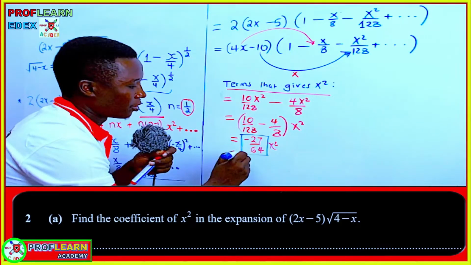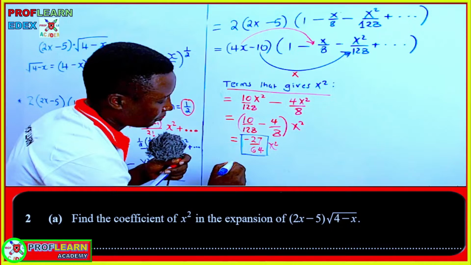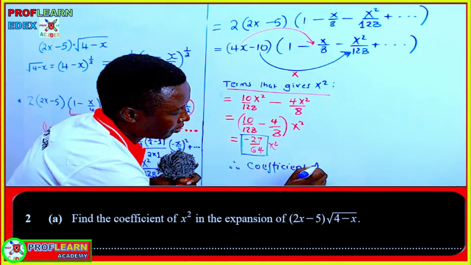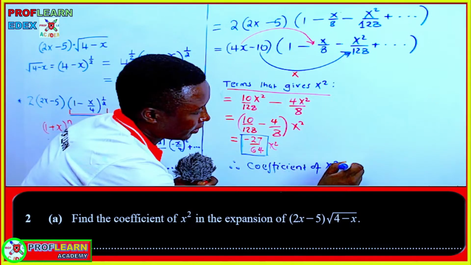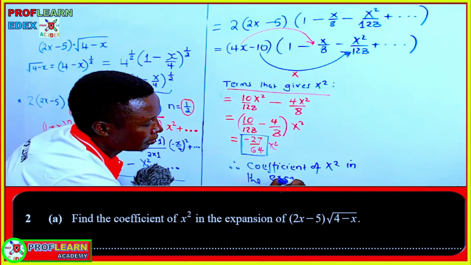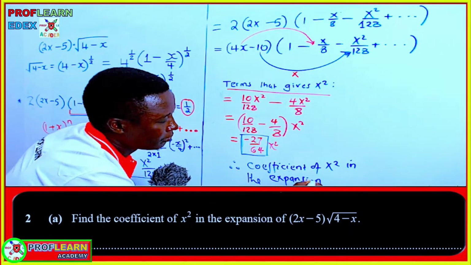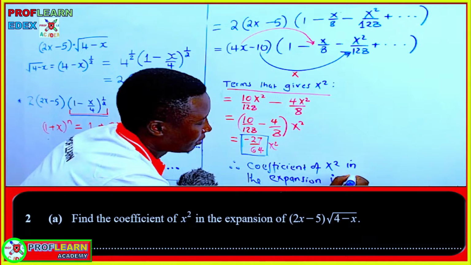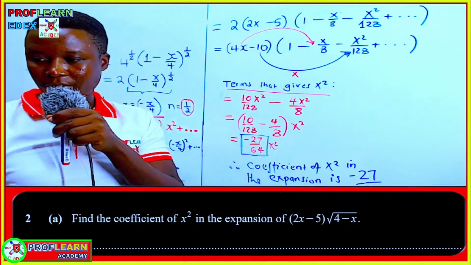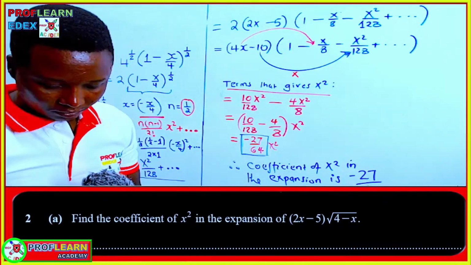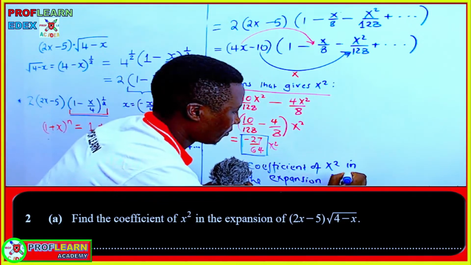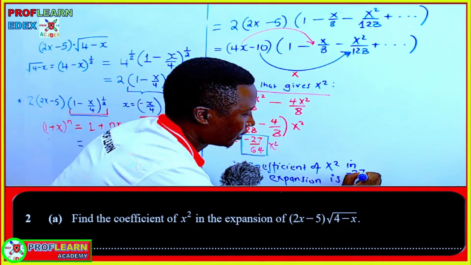Therefore, the coefficient of x squared in the expansion is negative 27 over 64 as our final answer.